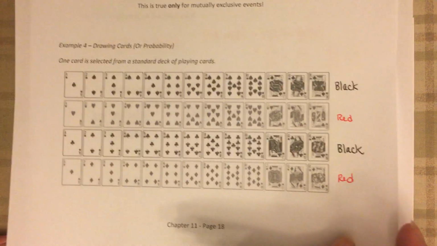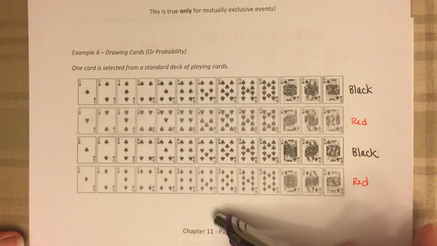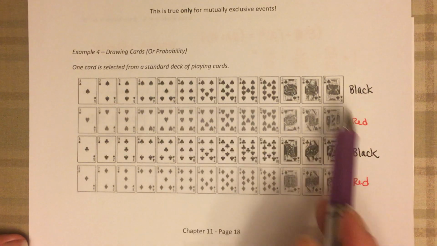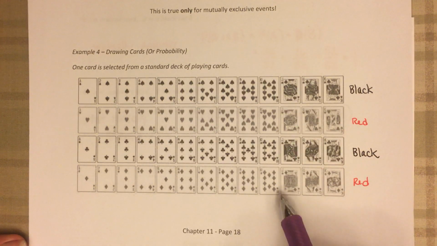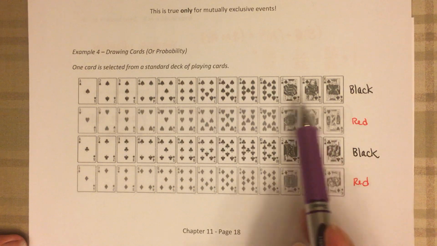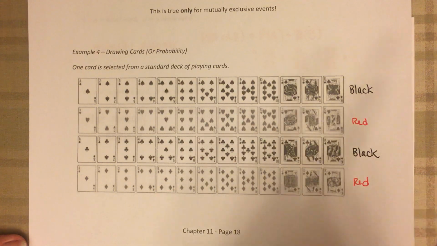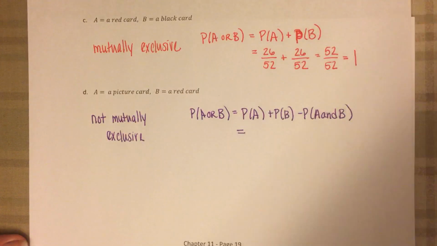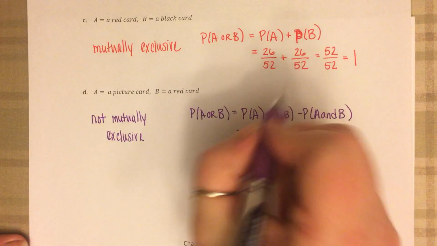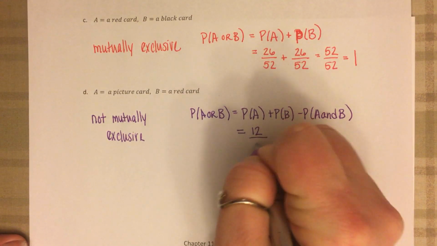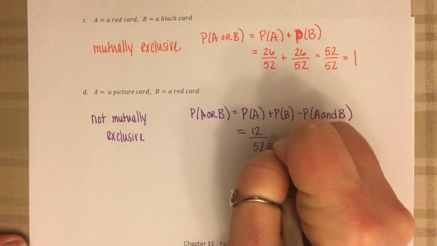I'm going to flip back to our diagram for just a minute. Picture cards, or face cards, are only the ones that have faces on them, so we have 3 of each suit for 12 total. So our probability of drawing a picture card is 12 out of 52.